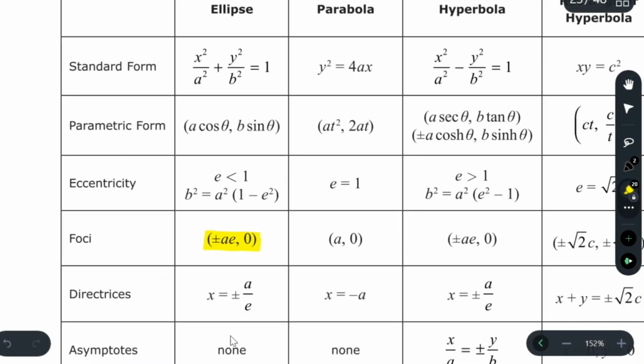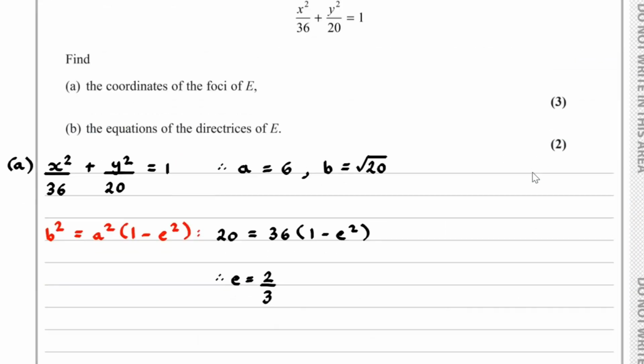Now, the foci are given by plus minus AE, 0.